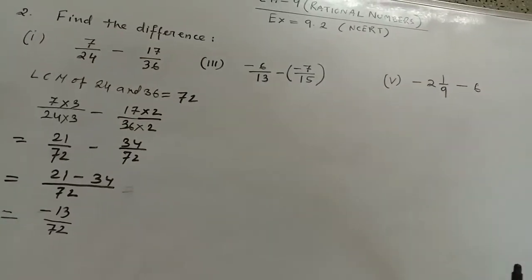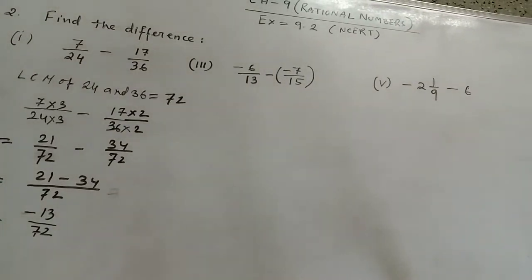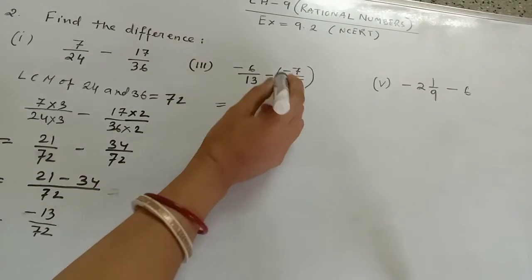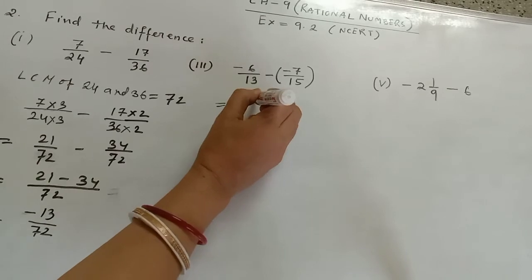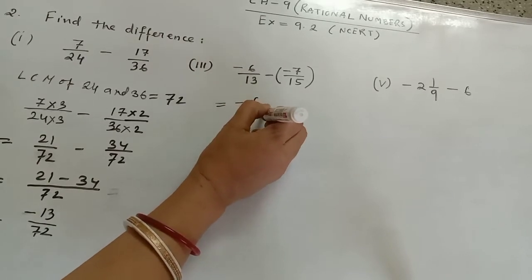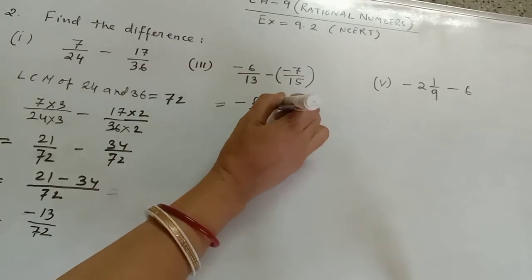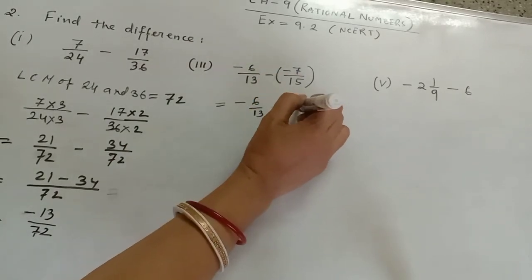Next question is minus 6 by 13 minus 7 by 15. So what you will do, first you will make the sign clear. Minus 6 by 13 is a negative rational number, and minus becomes plus, 7 by 15.